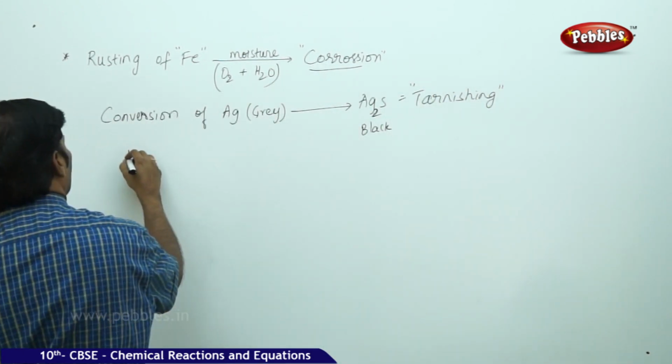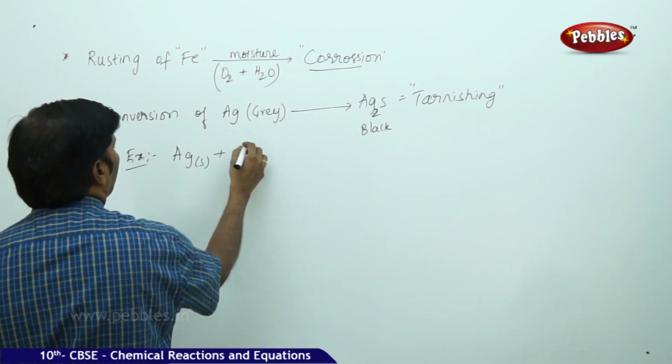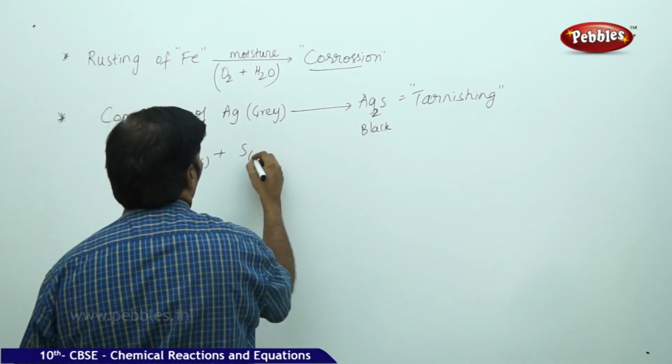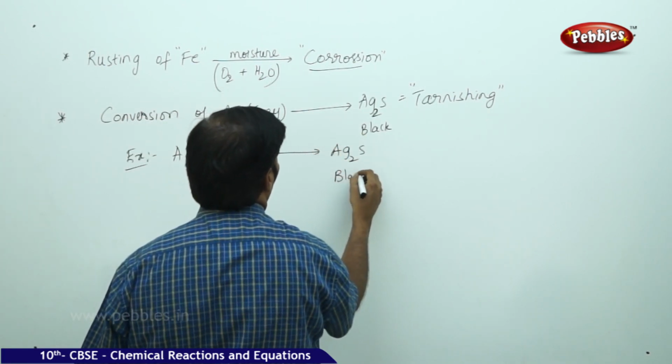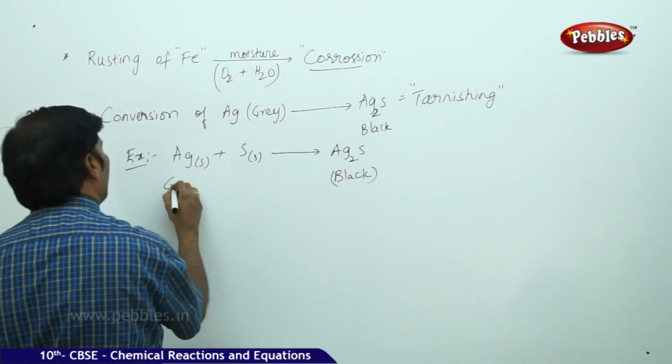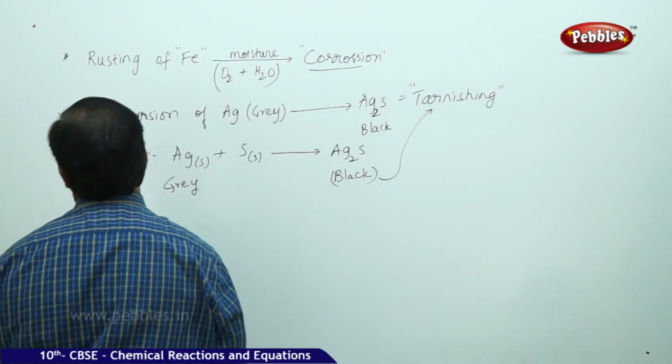In other words, silver, which is a solid, reacts with sulfur, again a solid, and becomes Ag2S, which is black. Once the silver in grey color converts to black color, it is called tarnishing.